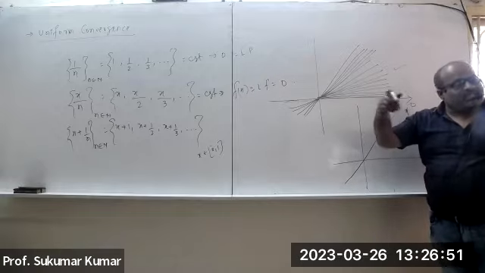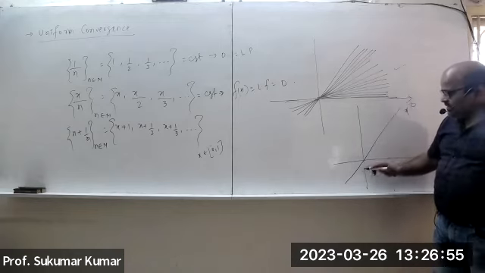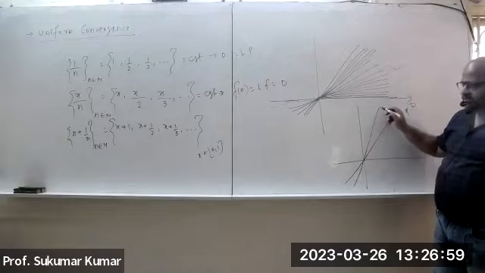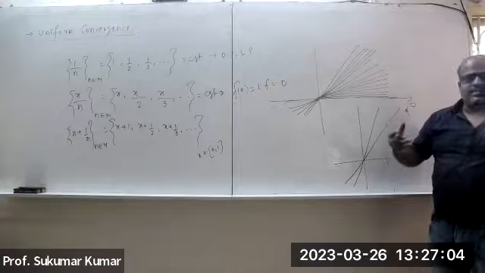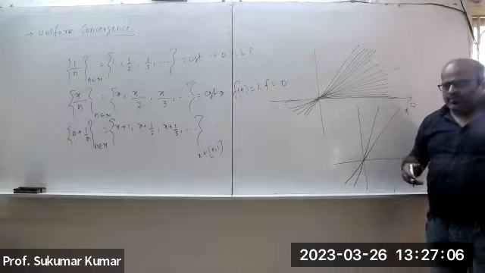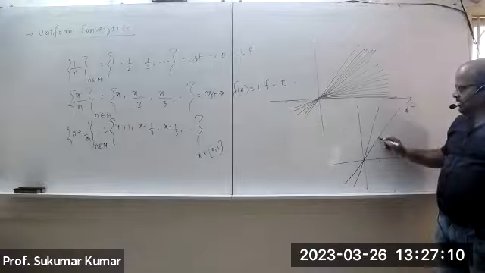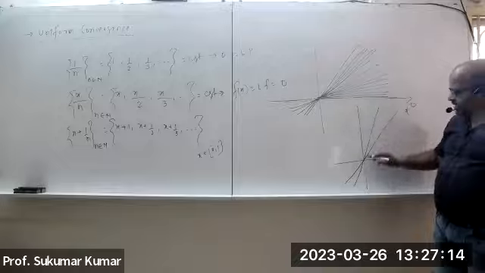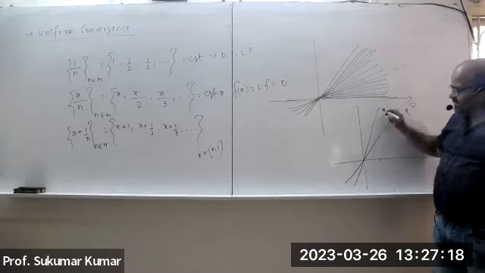This is x plus 1, x plus 1 by 2. Suppose x is equal to 1, then 1 plus 1 means 2. So whatever point you get, at 1 you get 1, then for x plus 1 at that point it will be 2. So the graph will shift up. This is x plus 1.